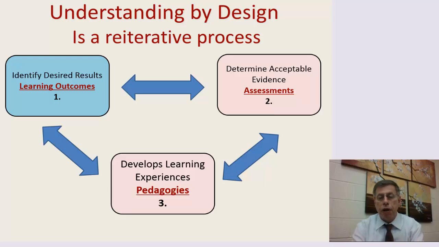These will generally be assessments that we do within the class, both formative and summative assessments. And then the third component is to develop the activities or learning experiences, the pedagogies that will facilitate students being able to accomplish the learning outcomes, to be successful in the assessments, and to arrive at a level of learning and understanding by doing the activities that will occur throughout the course of the semester.